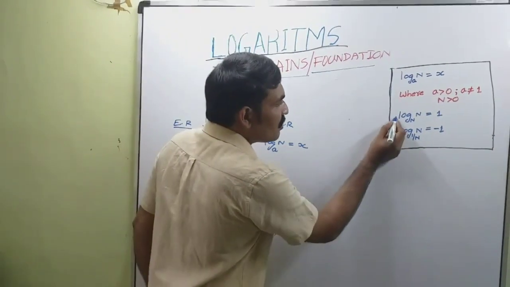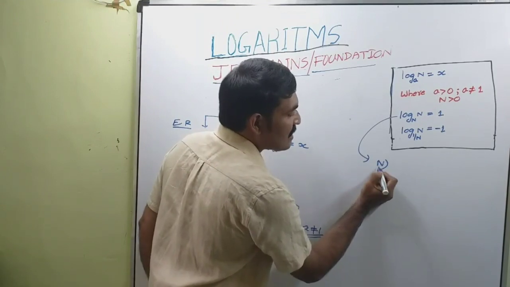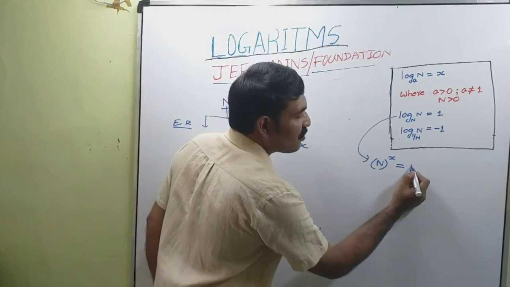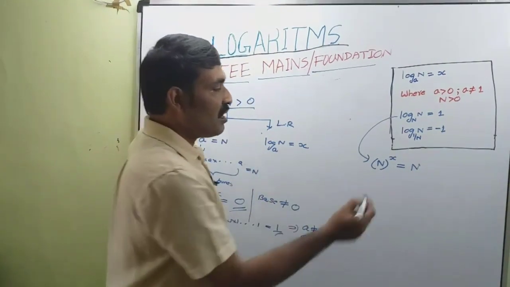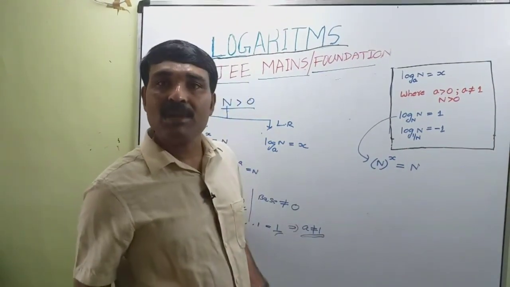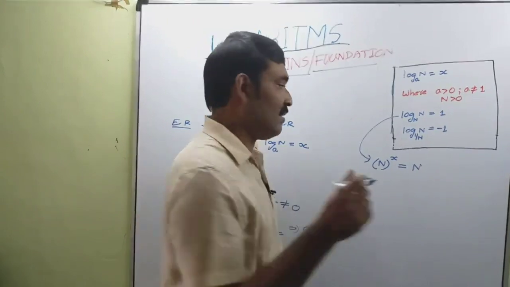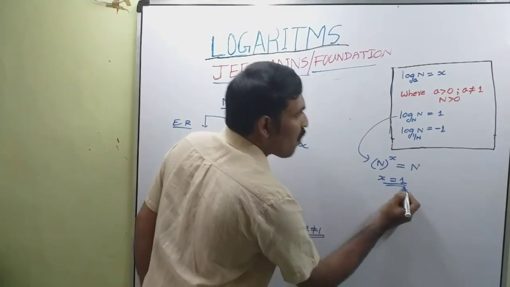So we can write this in exponential form as the base raised to x is equal to n. Now how many times is n multiplied so as to get n? You have to multiply only one time. So x is equal to 1.